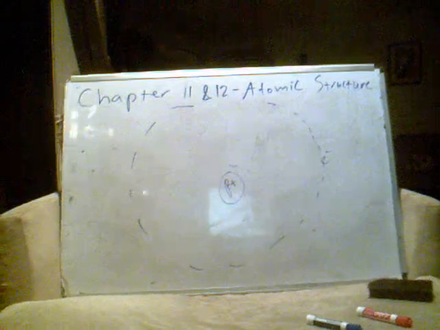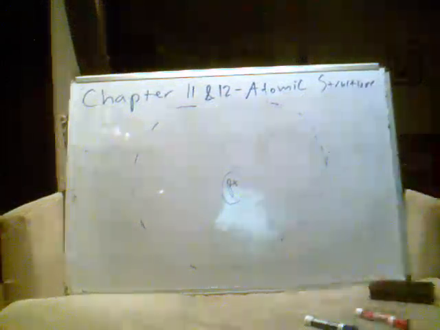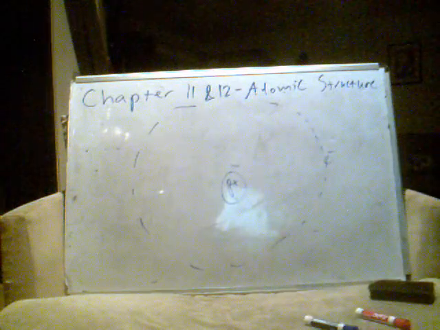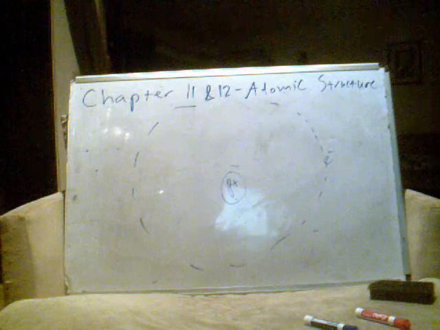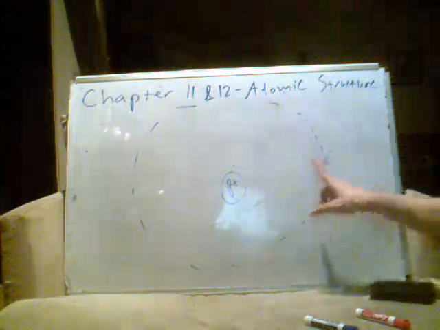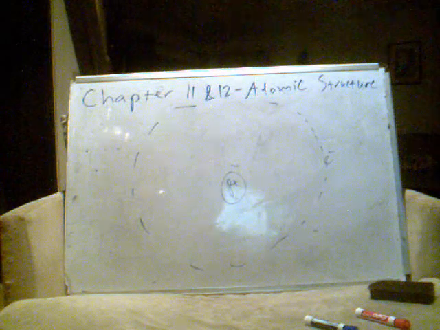We were finally able to put a much more sensible arrangement together once we finally figured out all of these electron orbitals. And that didn't come along until we were actually able to figure out quantum mechanics.